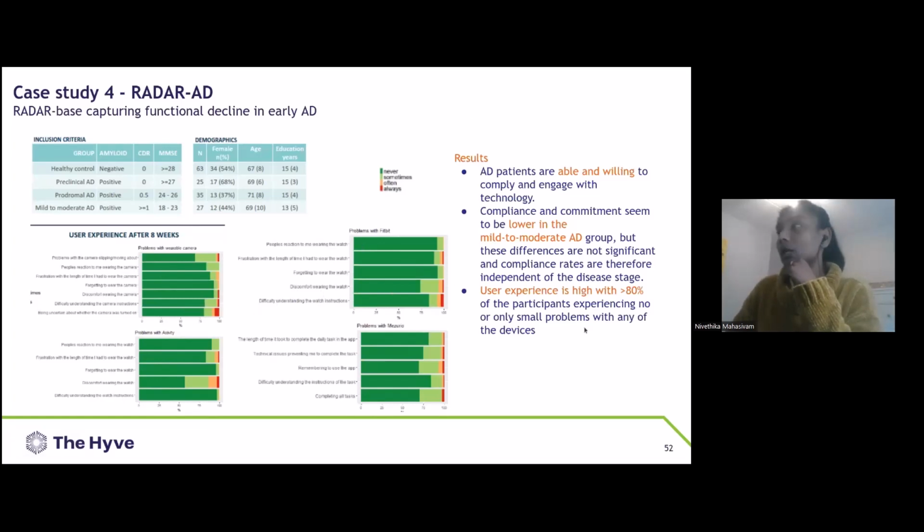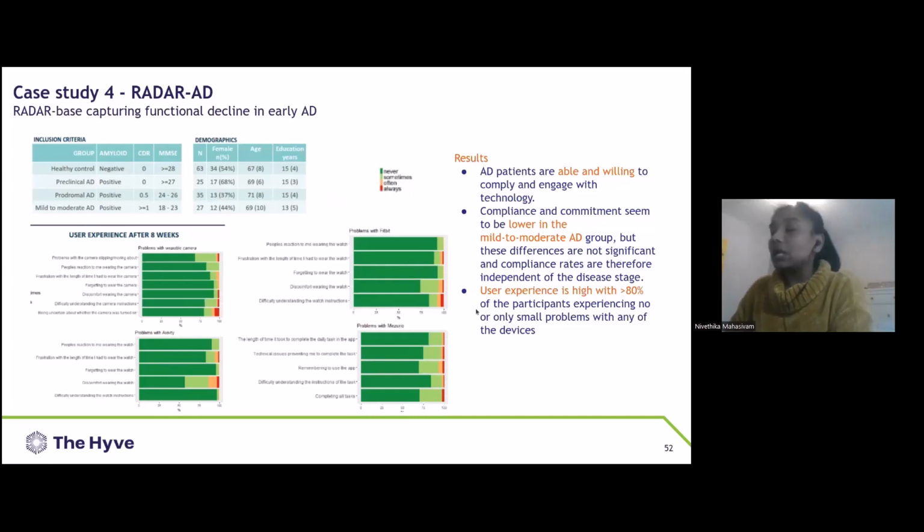The main preliminary outcomes are that the AD patients are willing and able to work with such technology. It is noticed that there's slightly lower compliance in mild to moderate AD patients, but the difference in compliance rates is not significant.